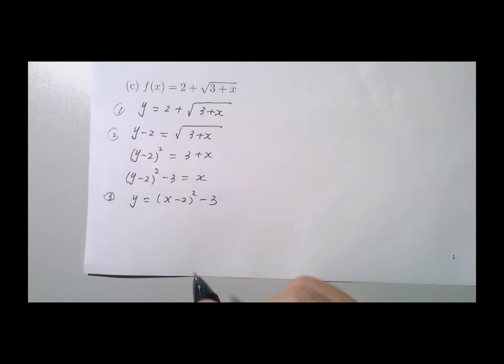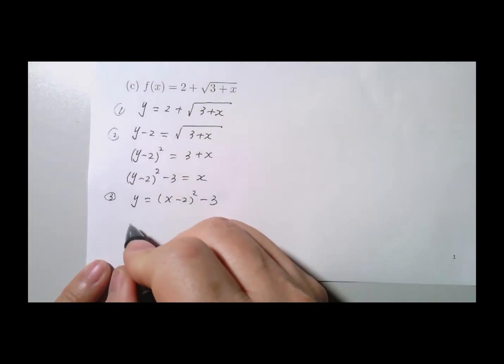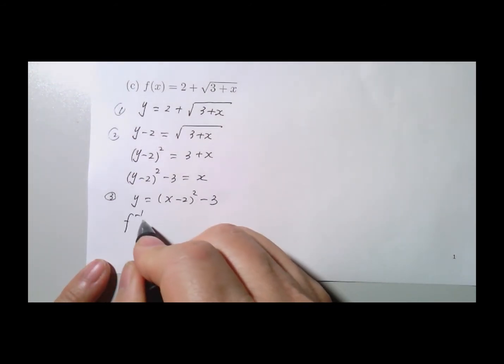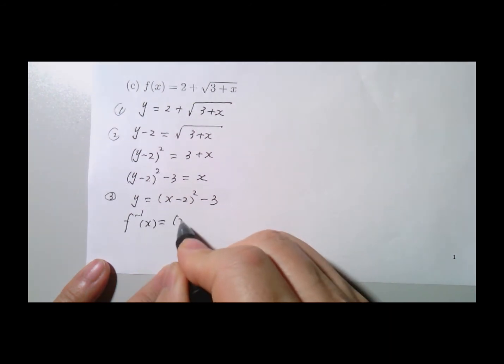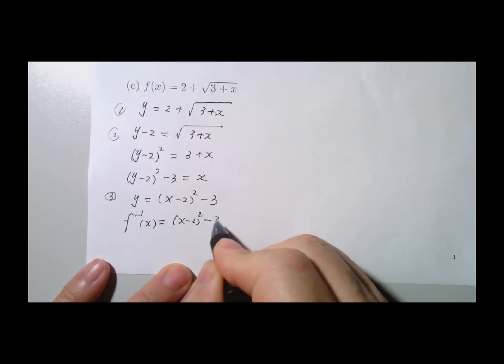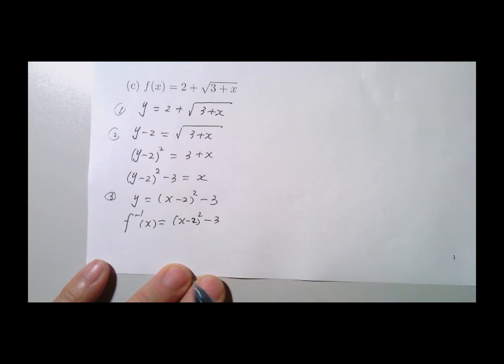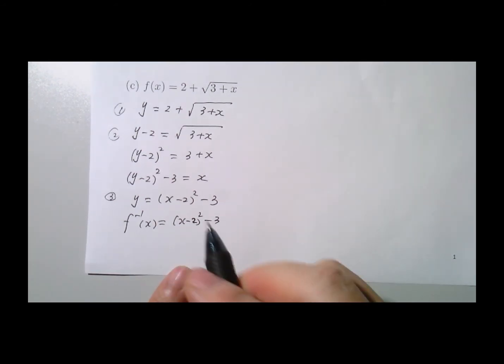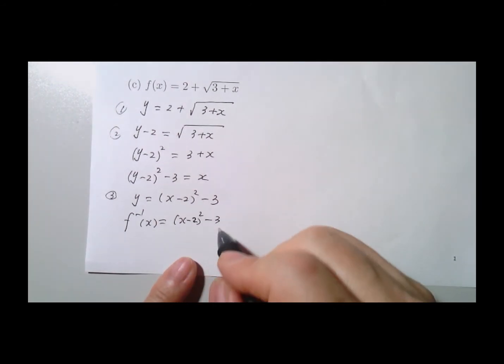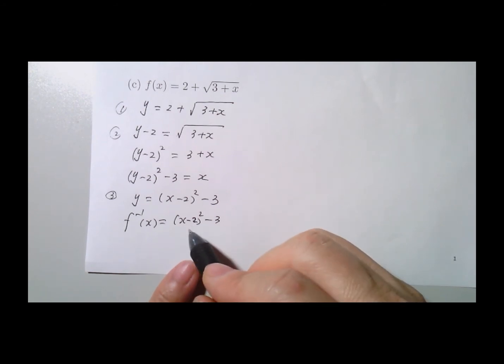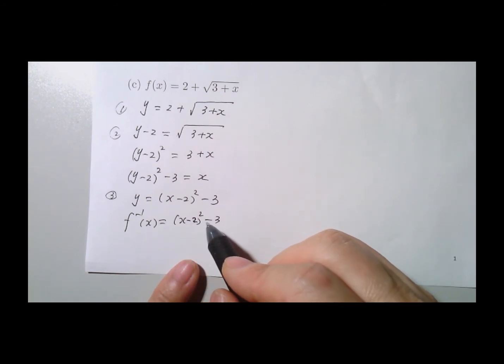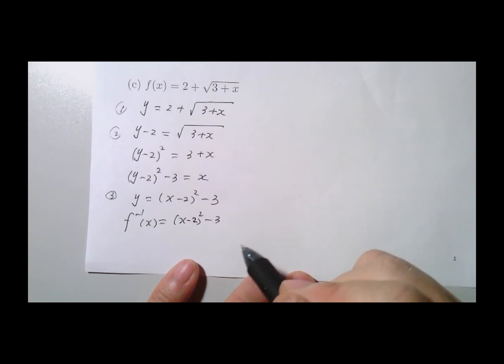Are we done for this case? Not yet. So here I'm going to write f inverse equals x minus 2 squared minus 3. Are we done for this case? No, it's not done here. What happened here? You see, x minus 2, whole thing squared, minus 3.